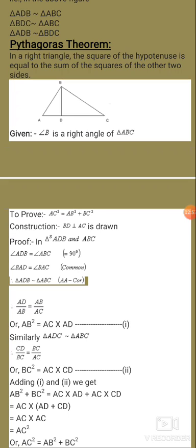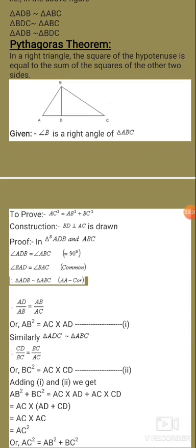Similarly, triangle BDC is similar to triangle ABC. So we can write the sides proportion as CD by BC equal to BC by AC. After that, you can cross multiply. What is BC into BC? BC square is equal to CD into AC.